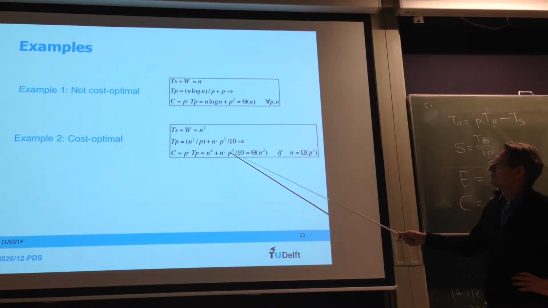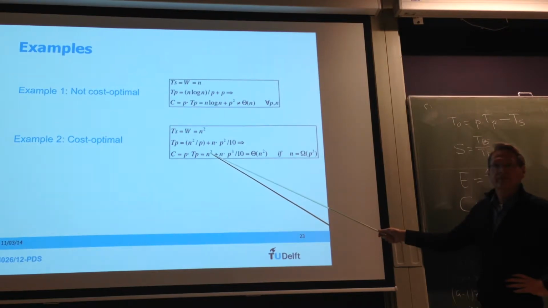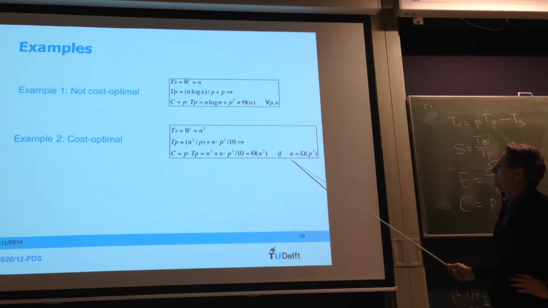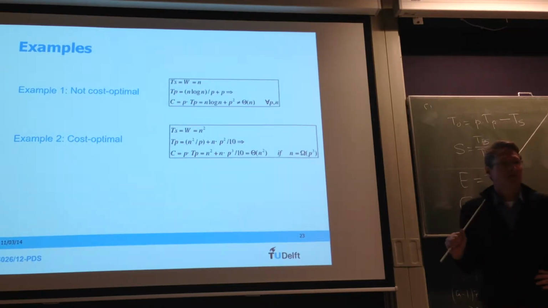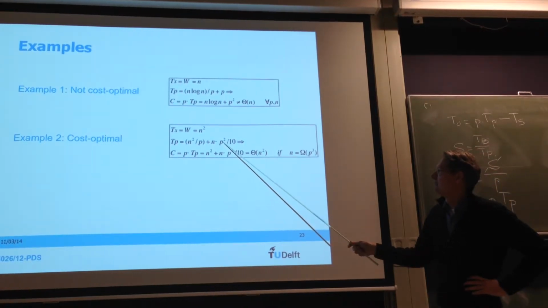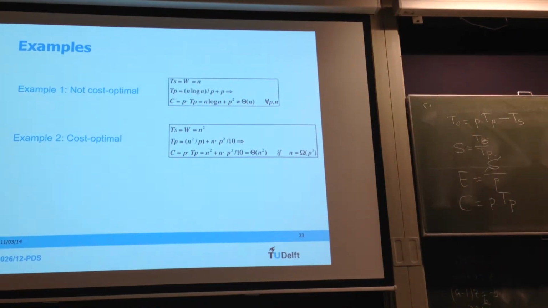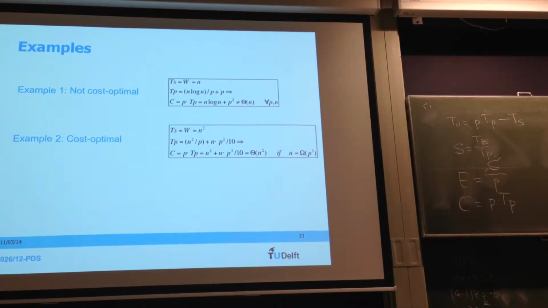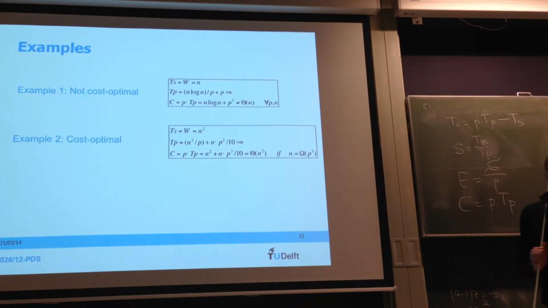So we have to impose a condition on this one to make it n squared. And we can do that by assuming that n is lower bounded by p to the power 3. And then we replace this term by n, and then we have another n squared term, and then the order is also n squared. Right? So we impose the relation between n and p in this way to achieve cost optimality.